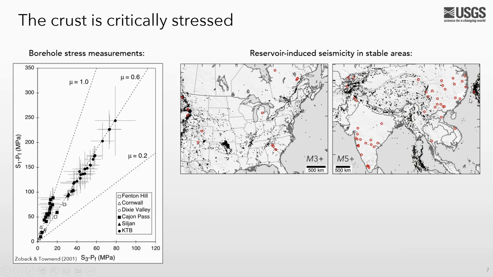On the right, the red dots represent cases where it's thought that impoundment of reservoirs on the surface has triggered earthquakes. The black dots are the rest of the earthquakes in those areas of those magnitudes.